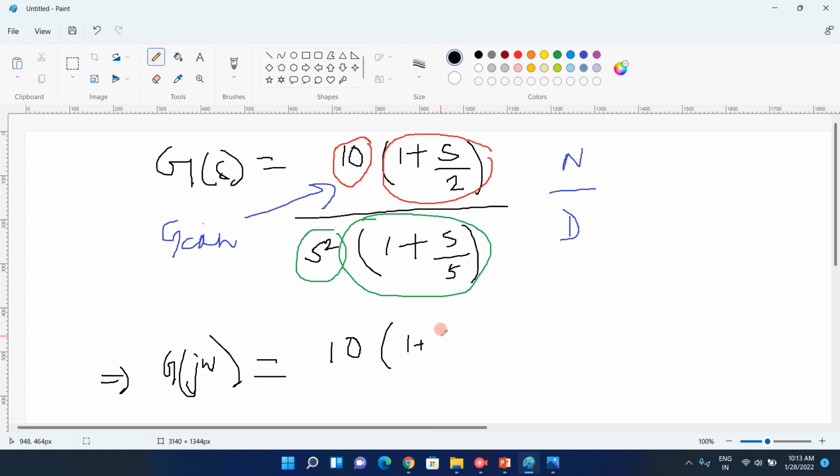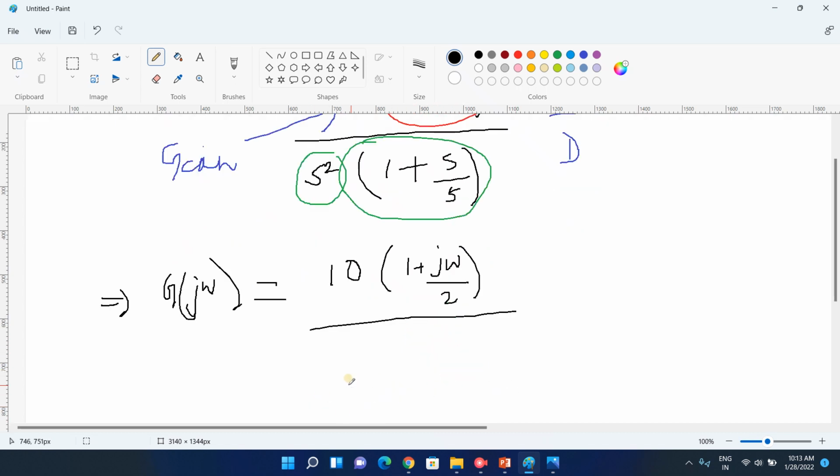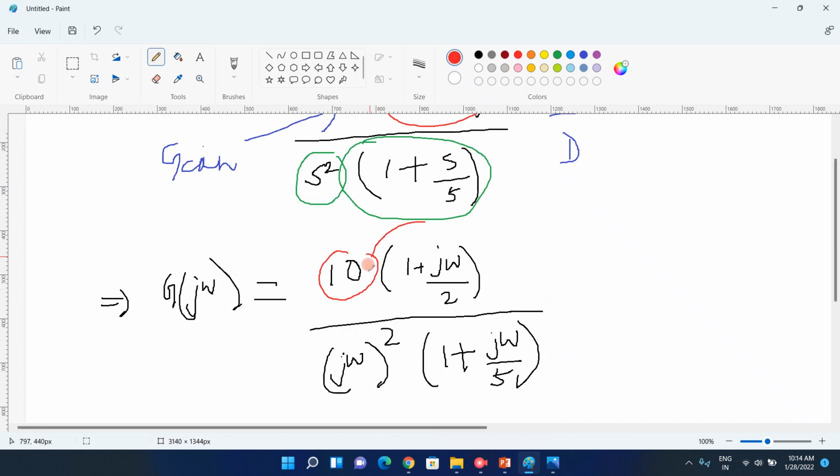So in the frequency domain, 10 will be as it is, then 1 plus j omega by 2, then (j omega) square, then 1 plus j omega by 5. Okay? Now we have to concentrate on this one.